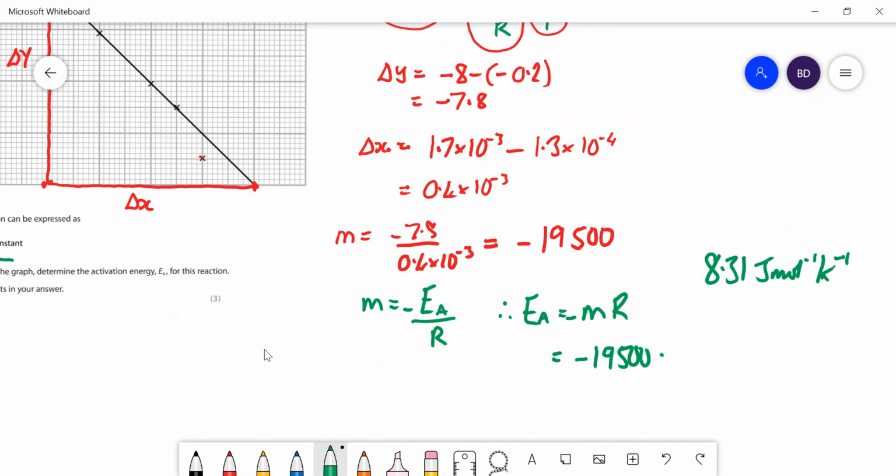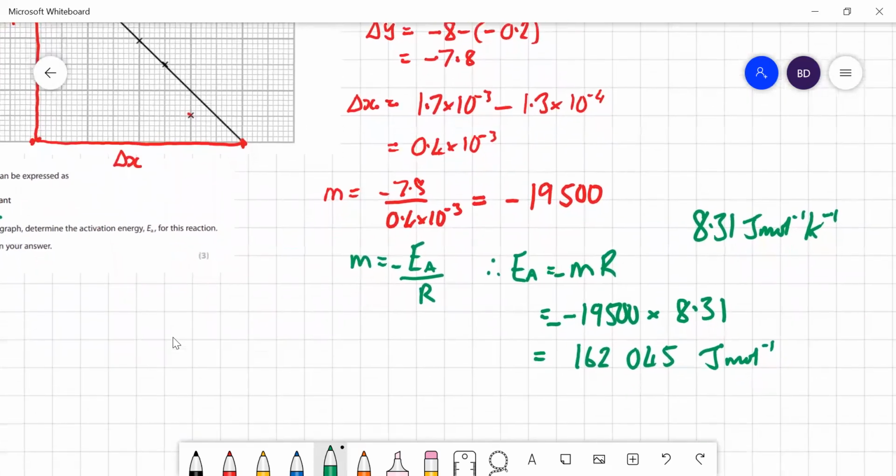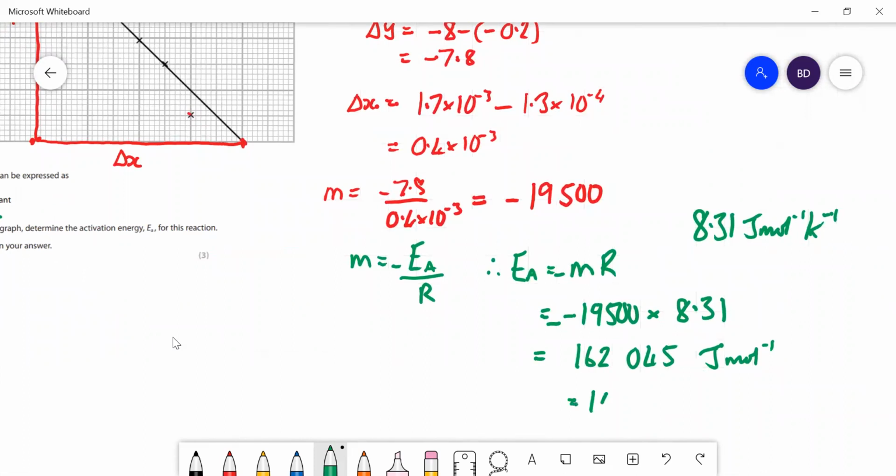It's important that it's joules because it's going to give our answer in joules, not kilojoules. So minus Ea is equal to minus 19,500 times 8.31, minus minus makes a plus. Multiply that out, you get plus 162,045 joules per mole. Let's turn that into kilojoules, to 3 significant figures. We have 162 kilojoules per mole as the activation energy. And that is the end of the paper.